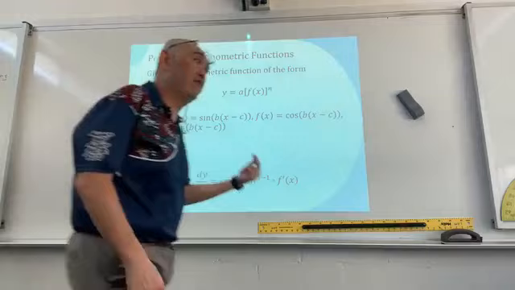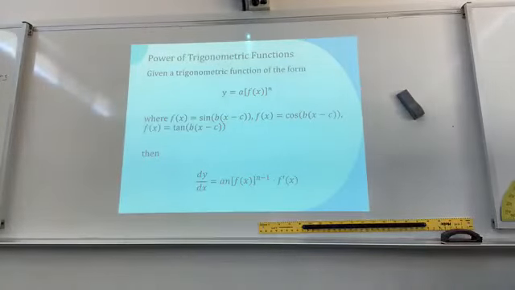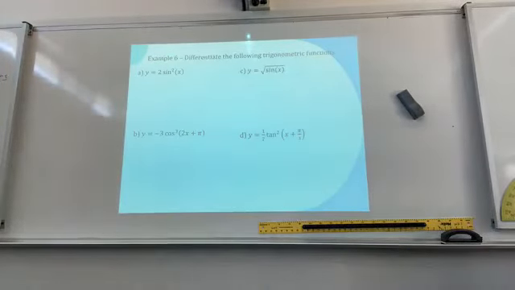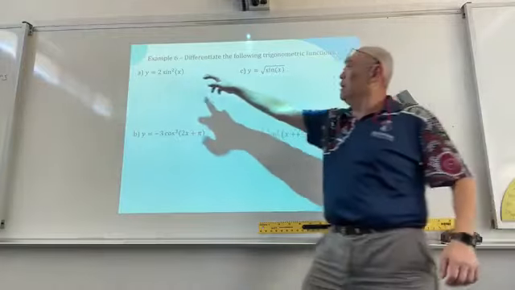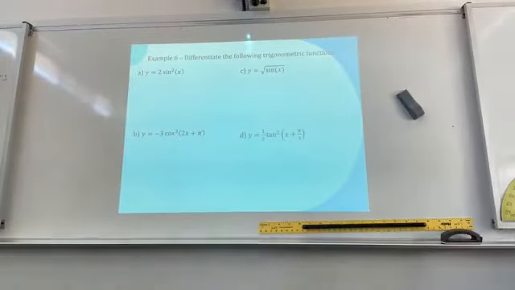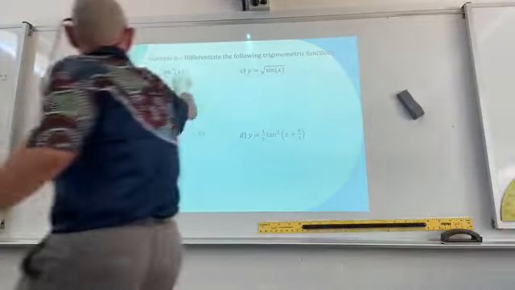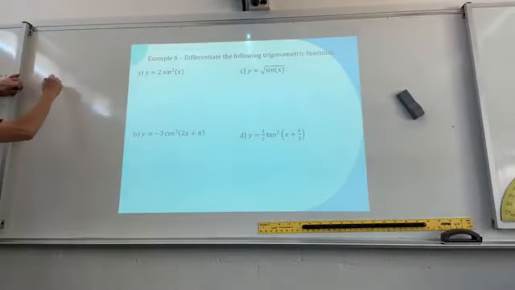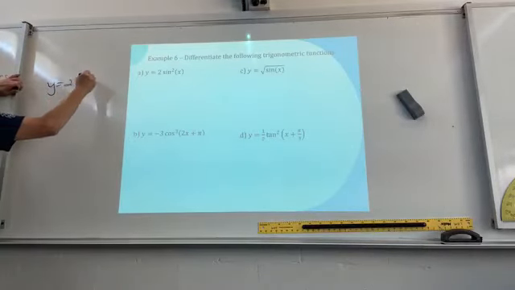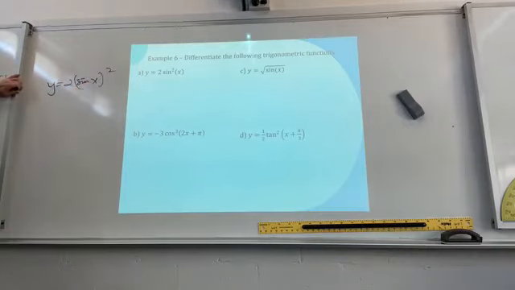Taking it one step further. So for example, for the first one, if I've got 2 sine squared x, that is actually y equals 2 times sine x, all squared. Now I differentiate the outside first.